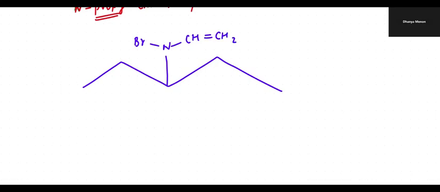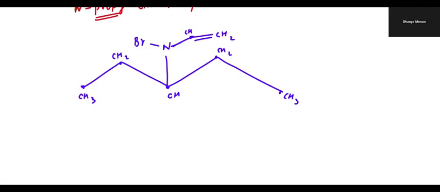Okay, so instead I can draw this as a bond line structure. CH2. So here there's a carbon atom, so that is nothing but CH. Okay, so here there's a CH3 group. Here there's a CH3 group. This is a carbon. This is a carbon, CH2. This is CH, and this is CH2.